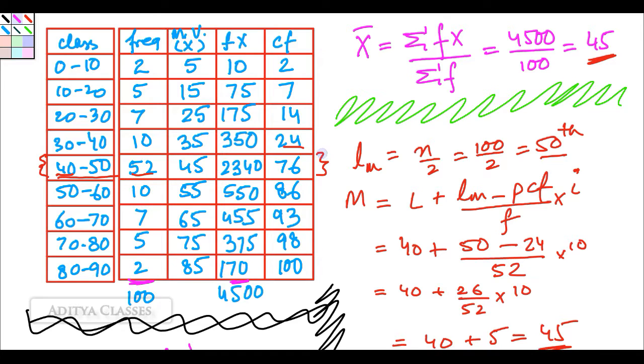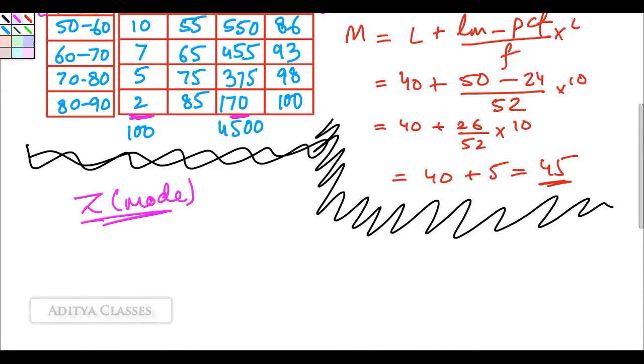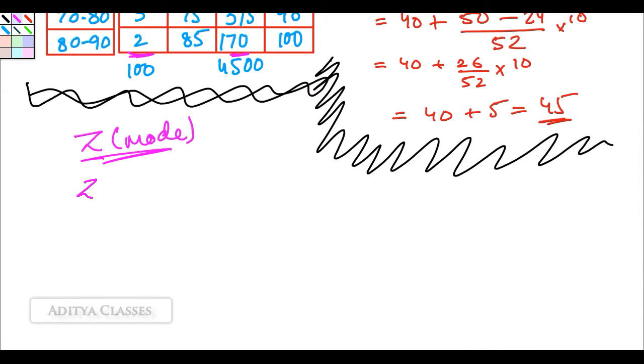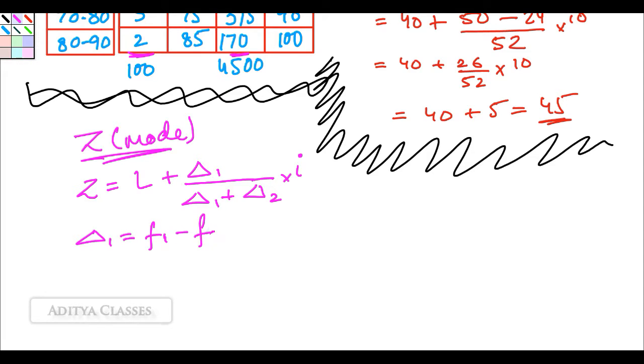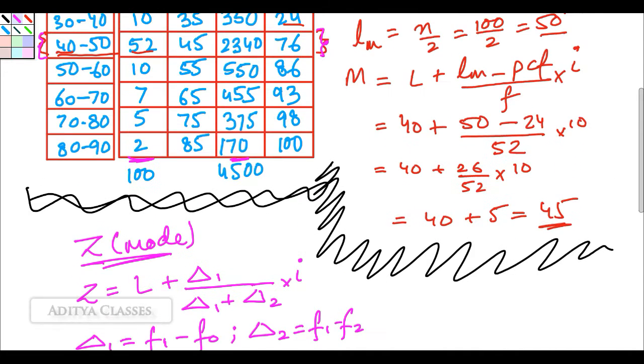So again in this very class, my mode is hiding. And my formula for mode is Z is equal to L plus delta 1 upon delta 1 plus delta 2 multiplied by I, where delta 1 is F1 minus F0 and delta 2 is F1 minus F2.